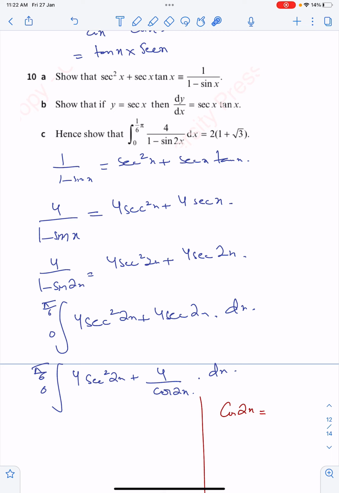If y sec x dy by dx equals to that, that means if you're going to integrate this, you will get this.